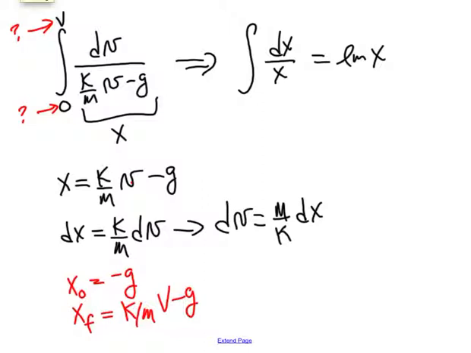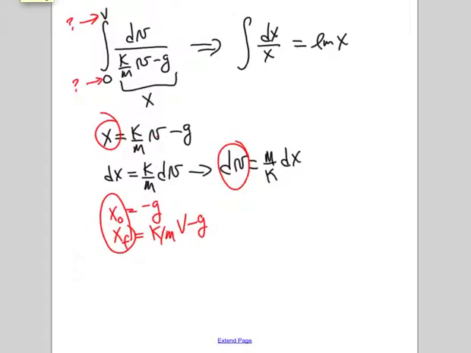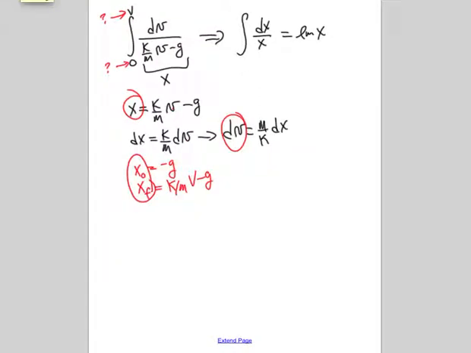Now I just need to substitute the limits of integration in, substitute this in, and substitute this in, and we end up with our integral looking a little bit better. We now have the integral of just m over k times dx divided by x.